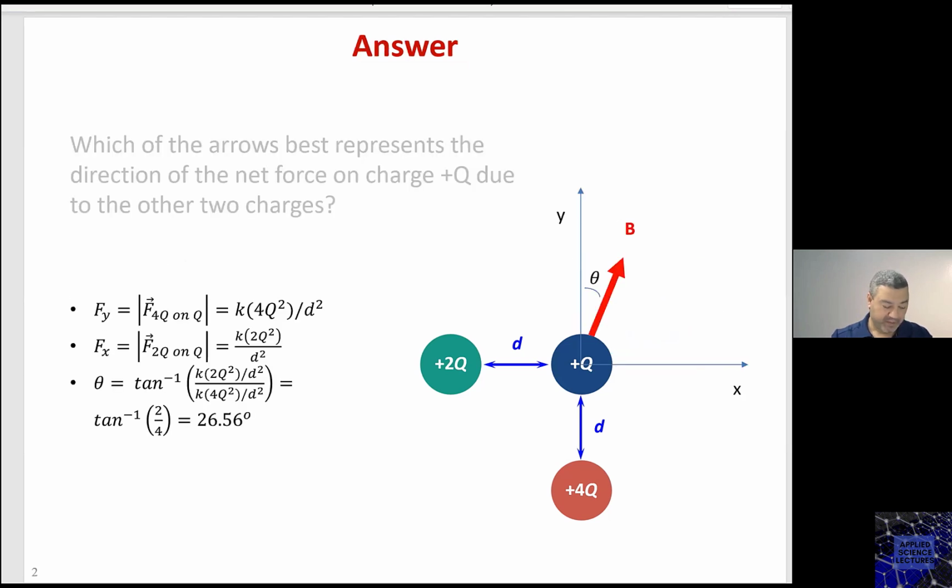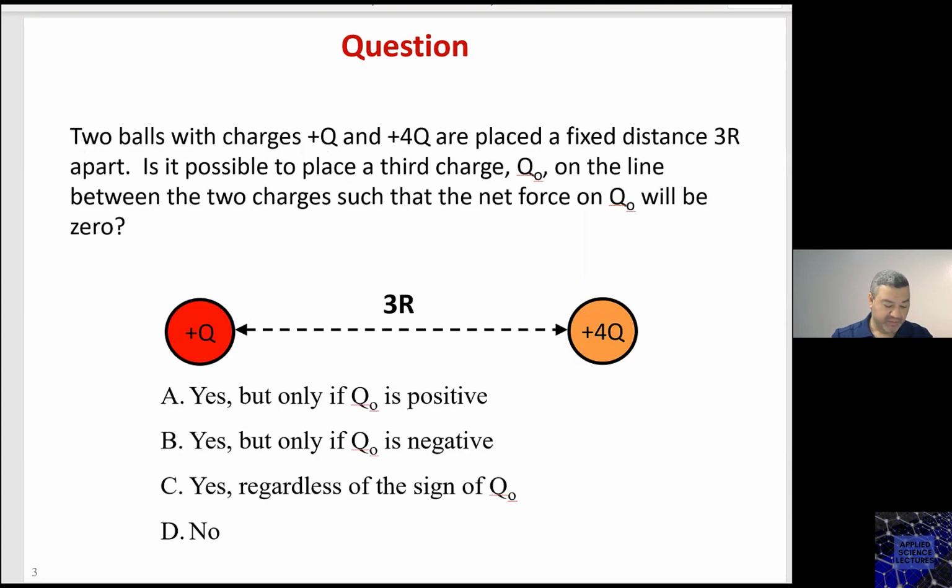Okay, we have the solution here. Let's move to the next question. And in this question, we have the following: two balls with the charges plus Q and plus 4Q. So this charge is 4 times the charge of the red ball.